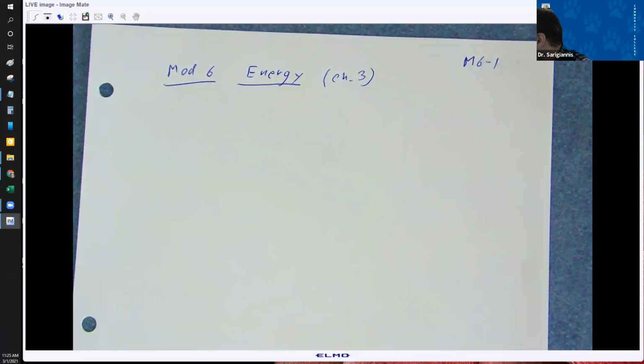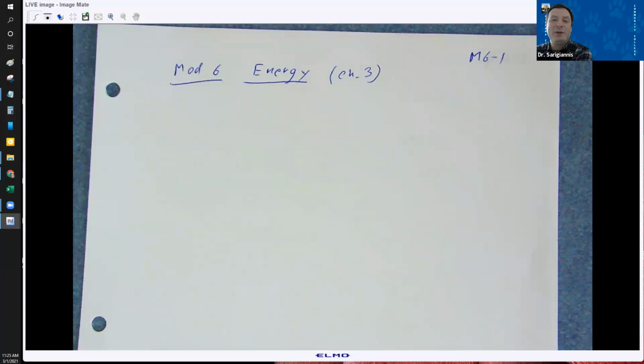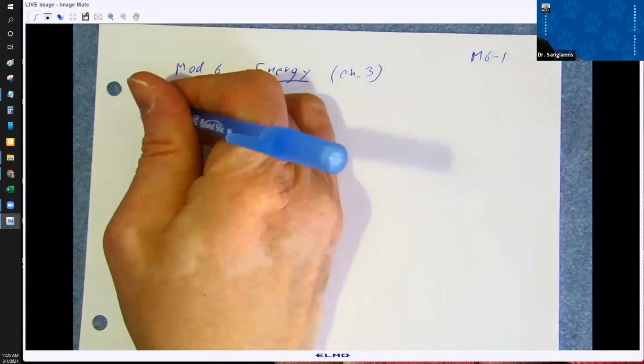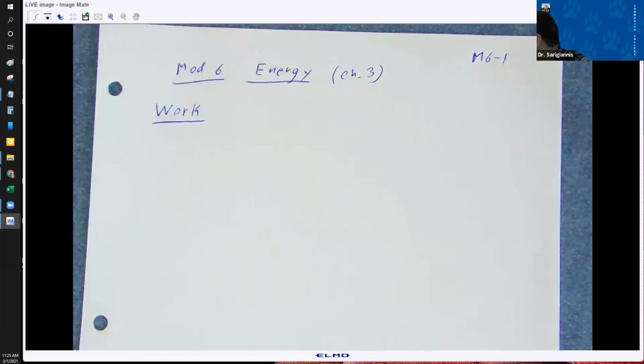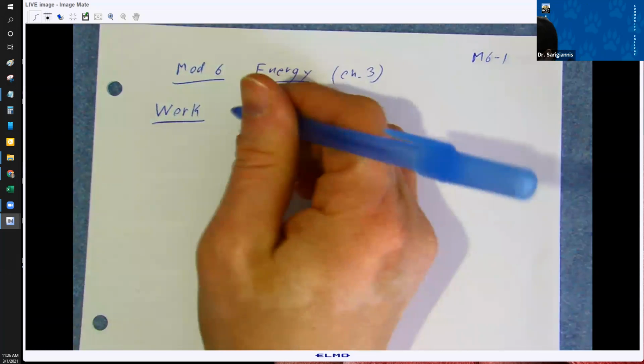And before we get into, well, let's be very specific first about a form of energy. And what I want to talk about is work. And what is work?